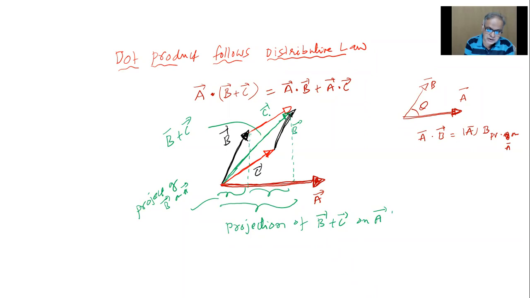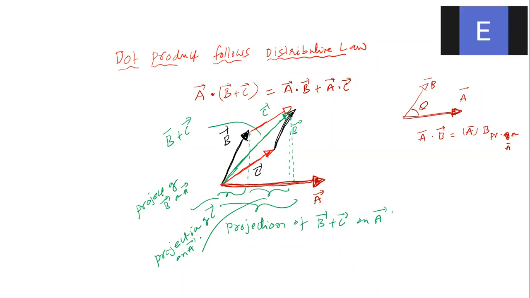If I throw light from there, C's shadow will fall here. This is projection of C on A. You all follow the picture?